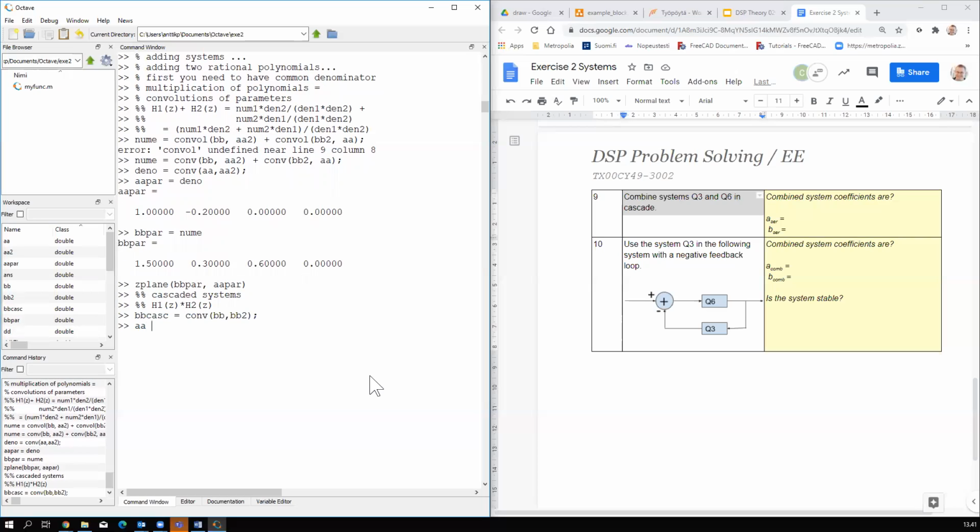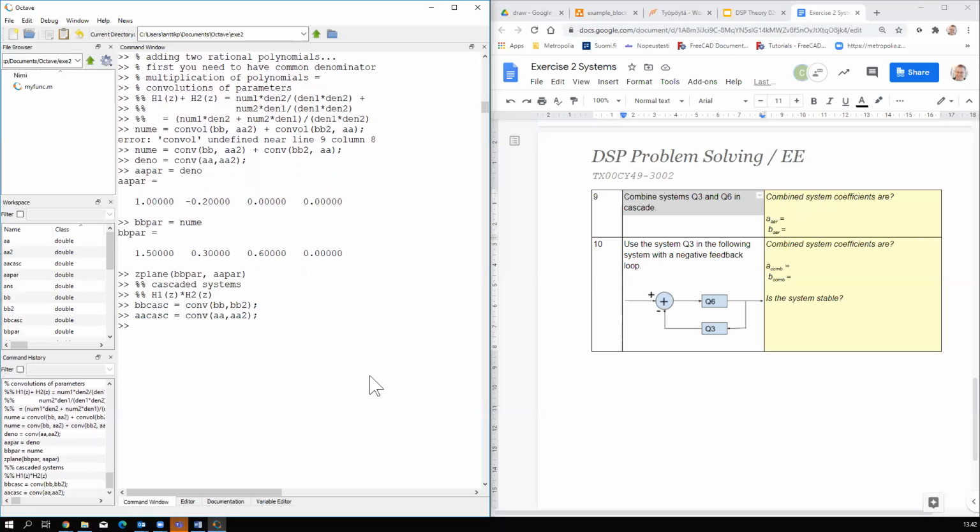And AA cascaded terms will be convolution of AA and AA2. So this is how you calculate these system coefficients for the cascaded system.